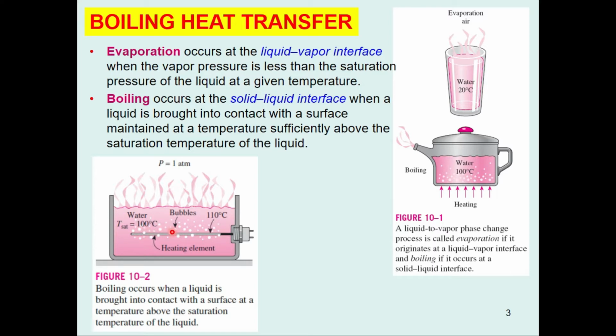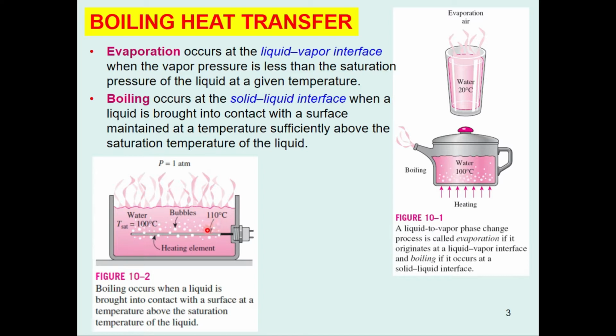So how will the boiling take place? If we heat this rod, which is called the heating element, and the temperature of this heating element is sufficiently higher than the saturation temperature of the water, what will happen?